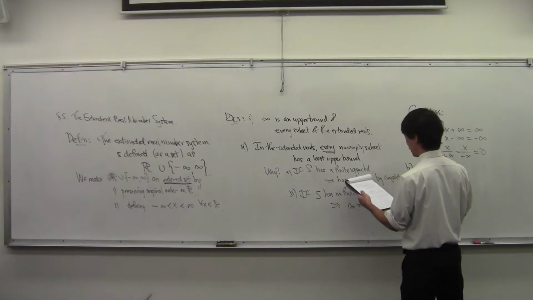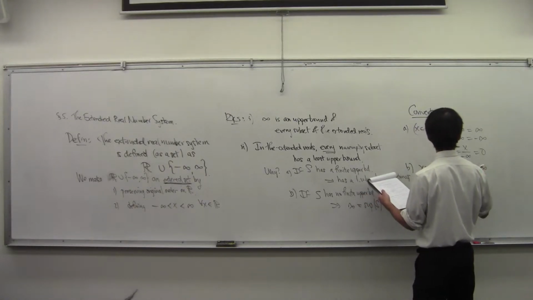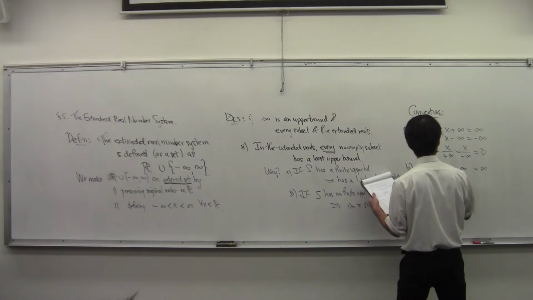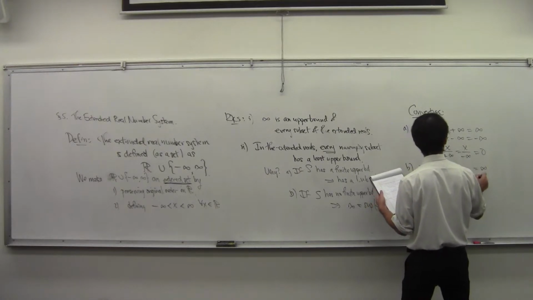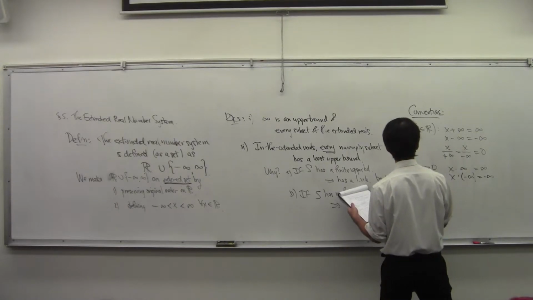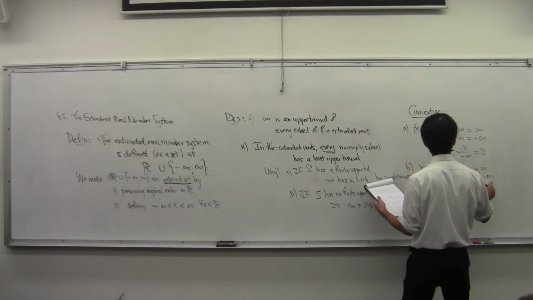For positive x, if you multiply by infinity, you get infinity. If you multiply by negative infinity, you get negative infinity. And similarly for negative x, if you multiply by positive infinity, you get negative infinity. You multiply by negative infinity, you get positive infinity.